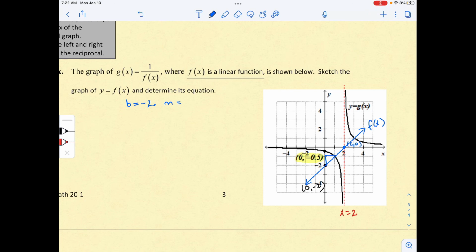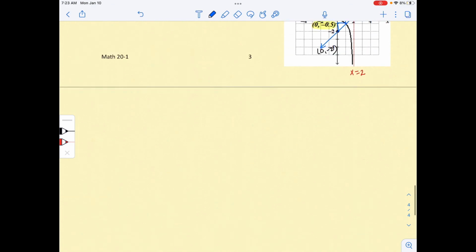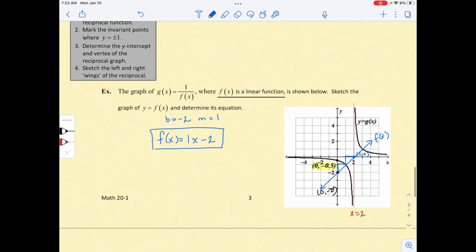Our slope is up 1, right 1, so our slope is 1, or 1 over 1. So f of x is 1x minus 2, in y equals mx plus b form. All right, so there is a brief review of reciprocal functions as well. Hopefully that helps in your review for this unit exam. Good luck.